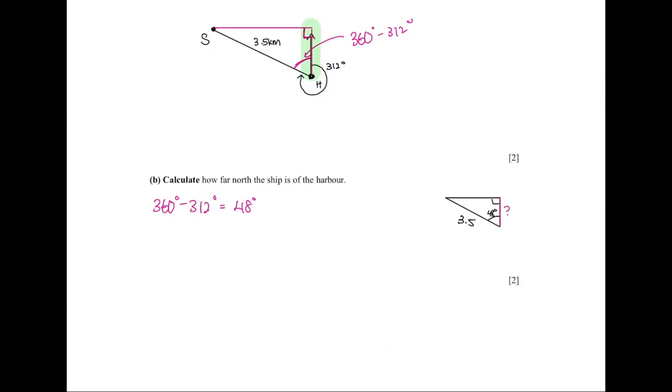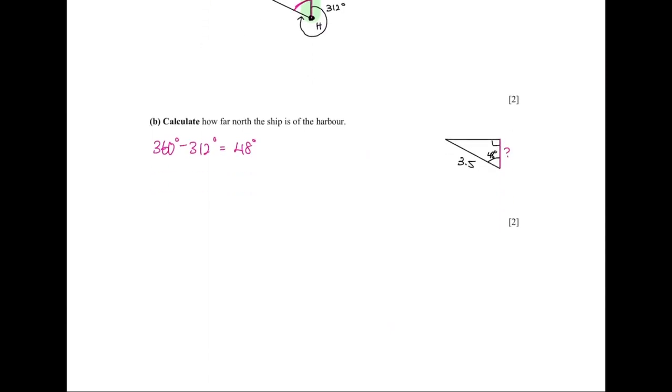I can use one of my trigonometry ratios, so I can write out SOH CAH TOA. What can I use? I have the hypotenuse, and I need to find the adjacent, so I'm going to use cosine.